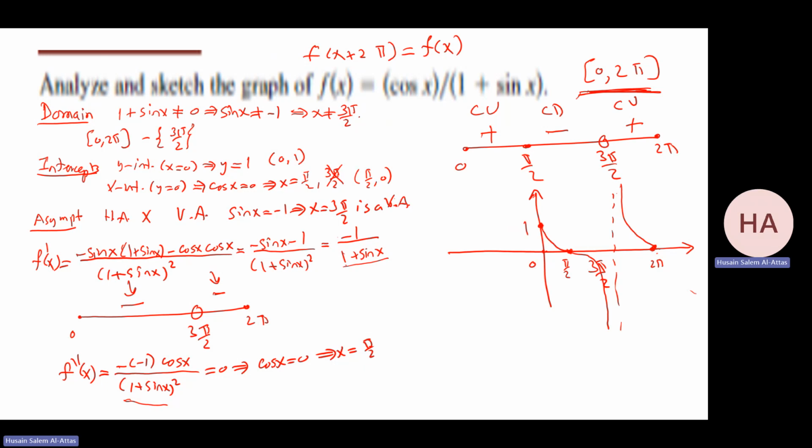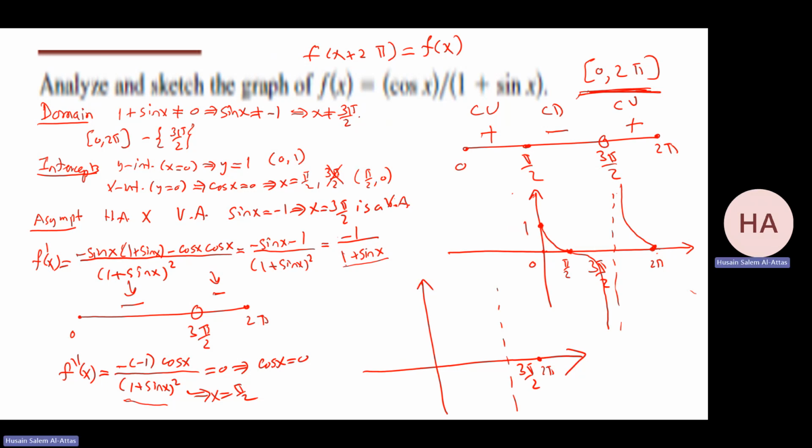It will repeat itself, where this is 3 pi over 2, then this is one period. So the complete graph. I have, this is 3 pi over 2, and this is 2 pi.